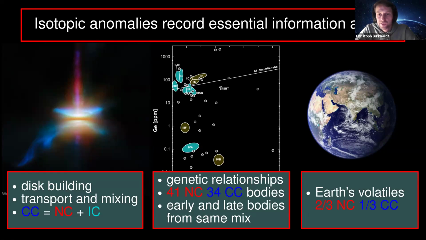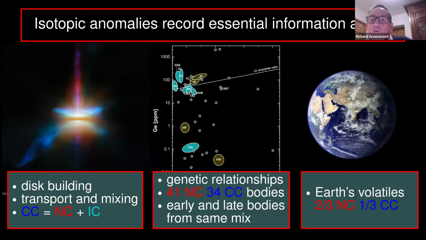And now I just submitted an abstract to Goldschmidt where we look also at HED meteorites, and there it's the same. There's also a paper published by the French group already. It looks like Vesta also is basically dominated by NC volatiles.